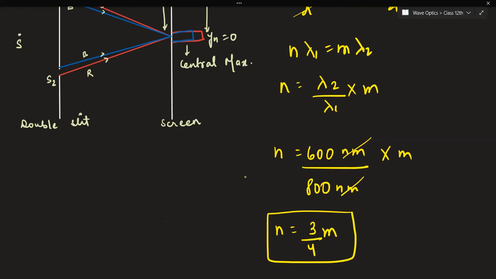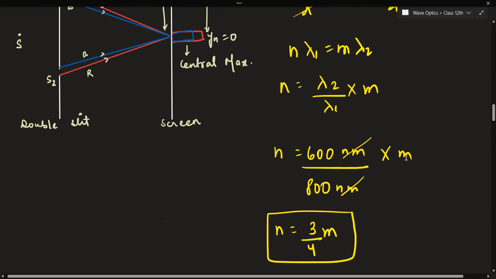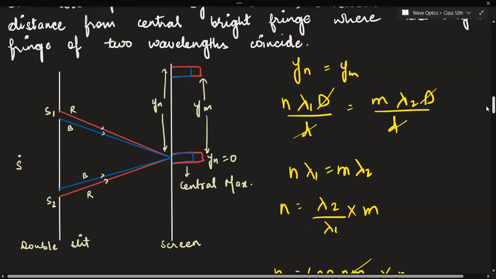Now, we didn't get any answer. n was the number of the fringe for the 800 one, m was the number of the fringe for the 600 one. But n is equal to 3 by 4 m, and you don't know the number. How will you solve this question? What are we doing? We have to find out yn and ym, but we don't know n, we don't know m.